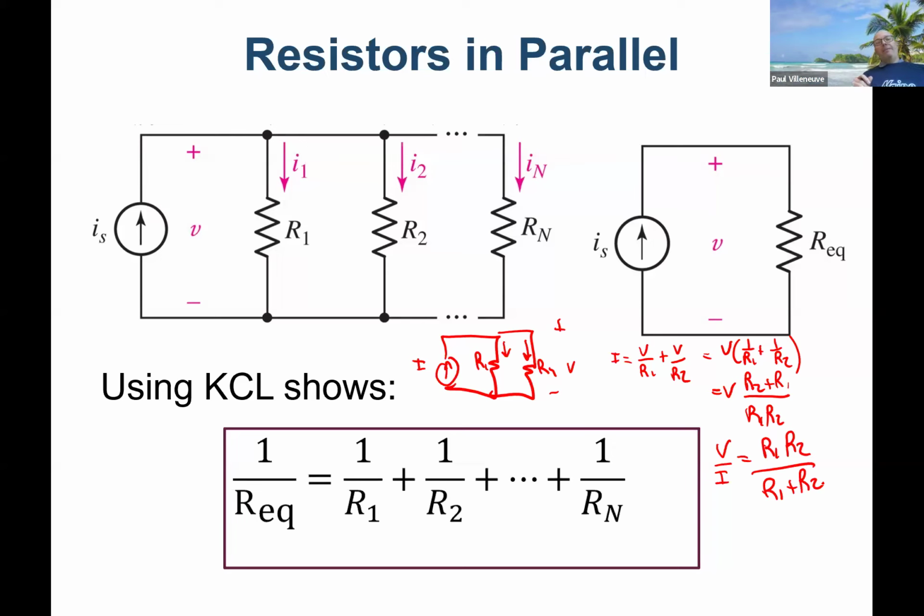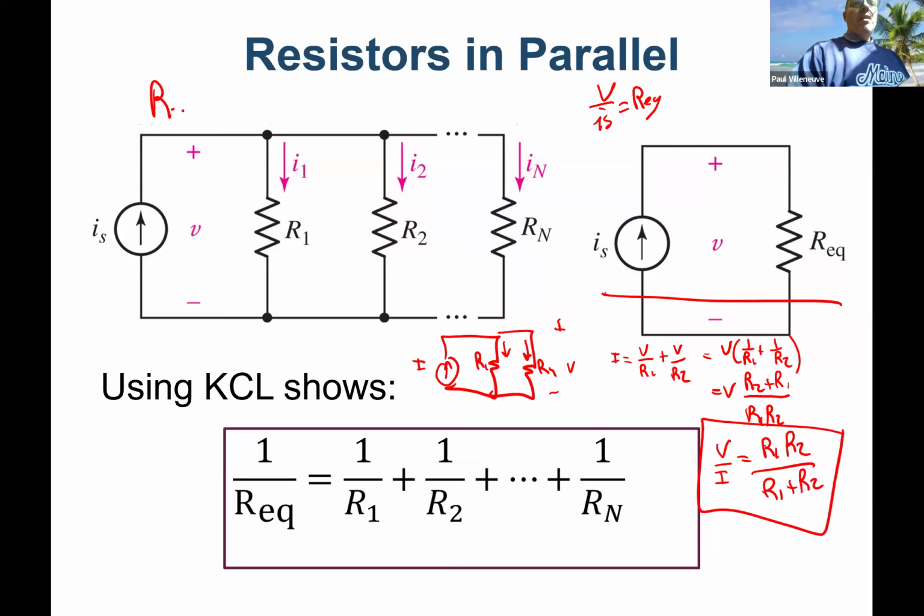That's V over I. Over here is the equivalent circuit. So we know that V divided by I over here is R equivalent, which matches our result over here. So R equivalent is equal to that, right?